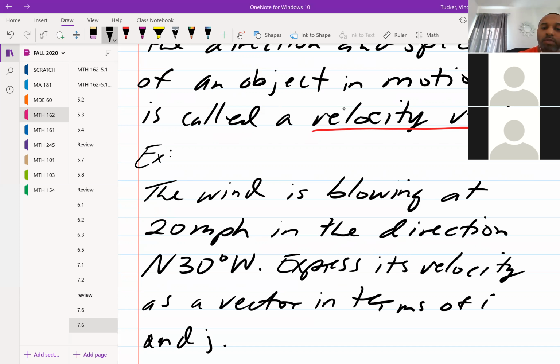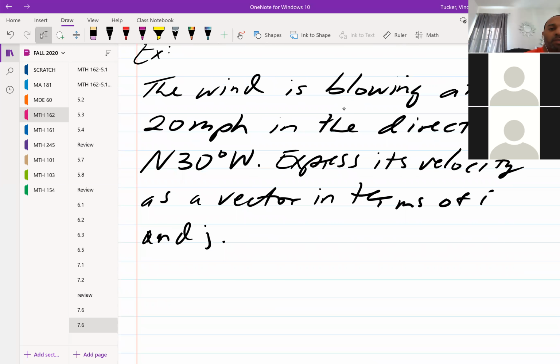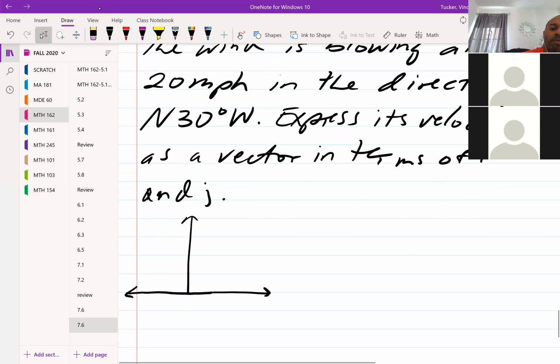All right, so the wind is blowing at 20 miles per hour in the direction of north, 30 degrees northwest. Express the velocity as a vector in terms of I and J. So when we look at theta, we're going northwest, 30 degrees.